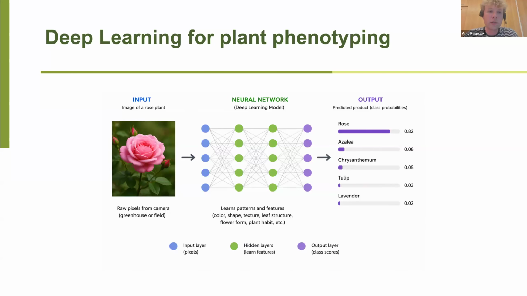How does such a deep learning model look like? That's shown here on this slide. Basically, a deep learning model looks like the network you see here in the middle. So it consists of different nodes in different layers. You have an input layer, you have an output layer, and then you also have hidden layers. There can be a lot of hidden layers. That's why it's also called deep learning, because you can have a very deep network.